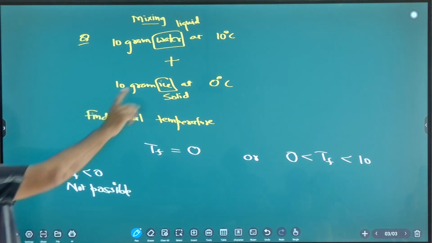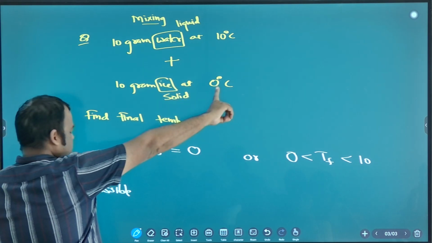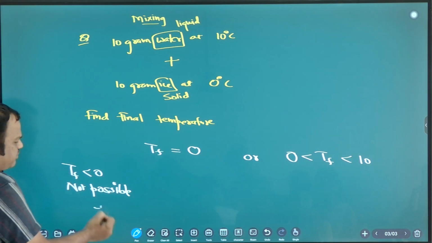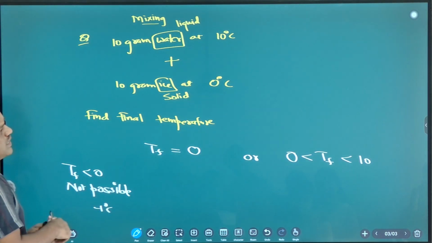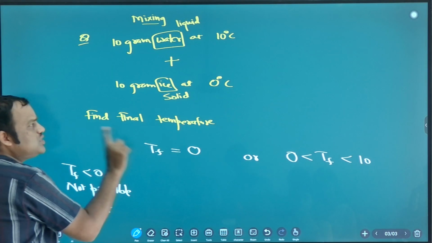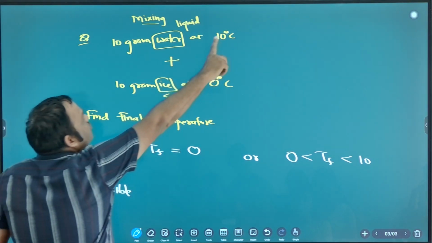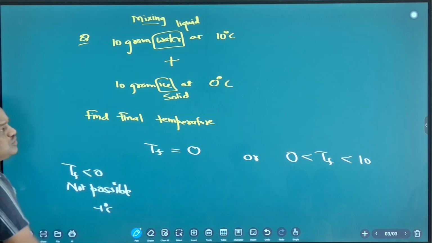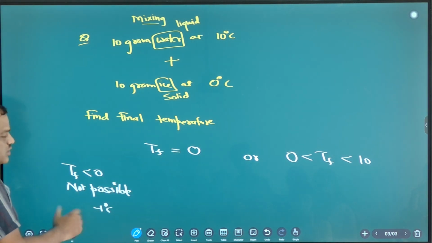What is the initial temperature of ice? 0. Suppose the final temperature is less than 0, maybe -1. It means ice is losing heat. And water is going from 10 degrees Celsius to -1 degree Celsius, so water is also losing heat. That is not possible.